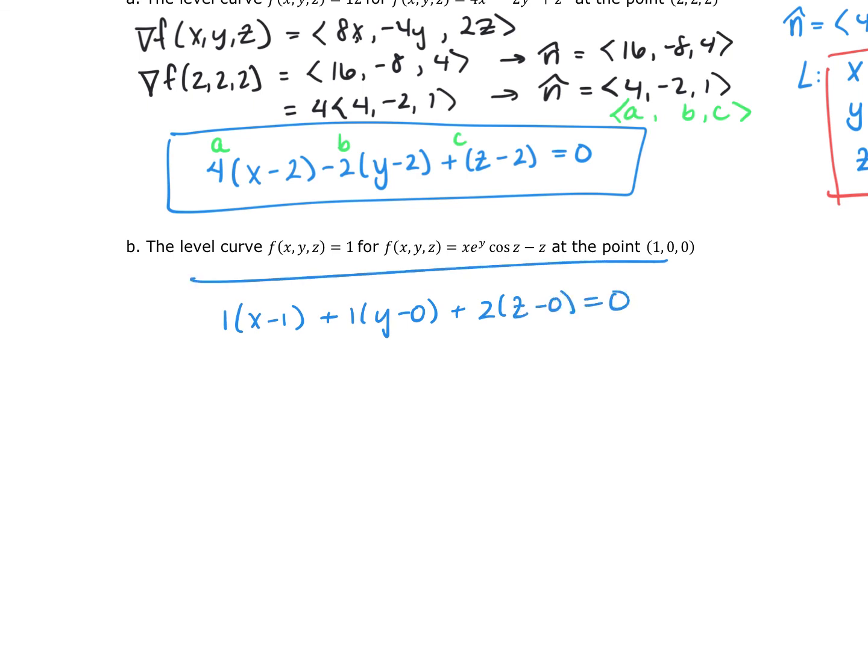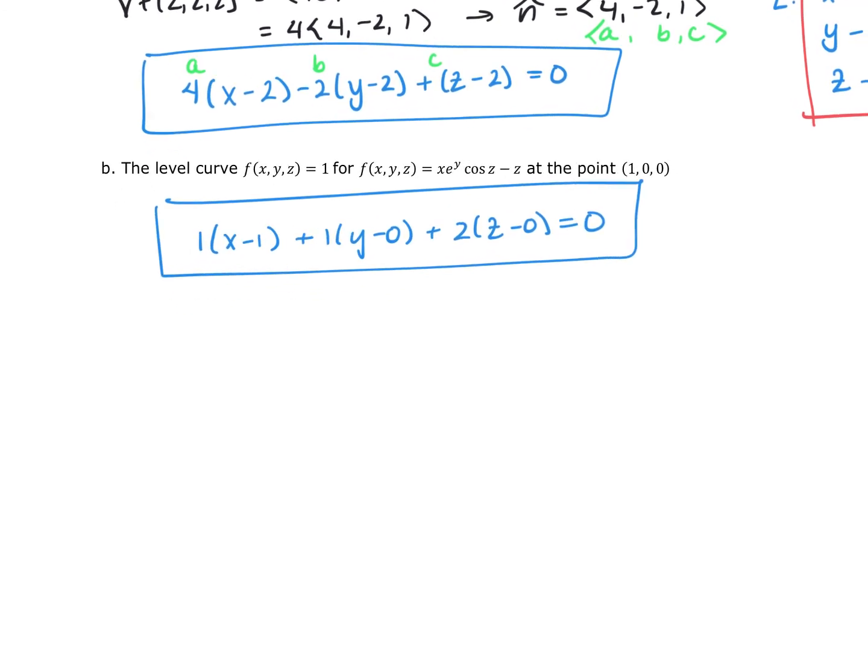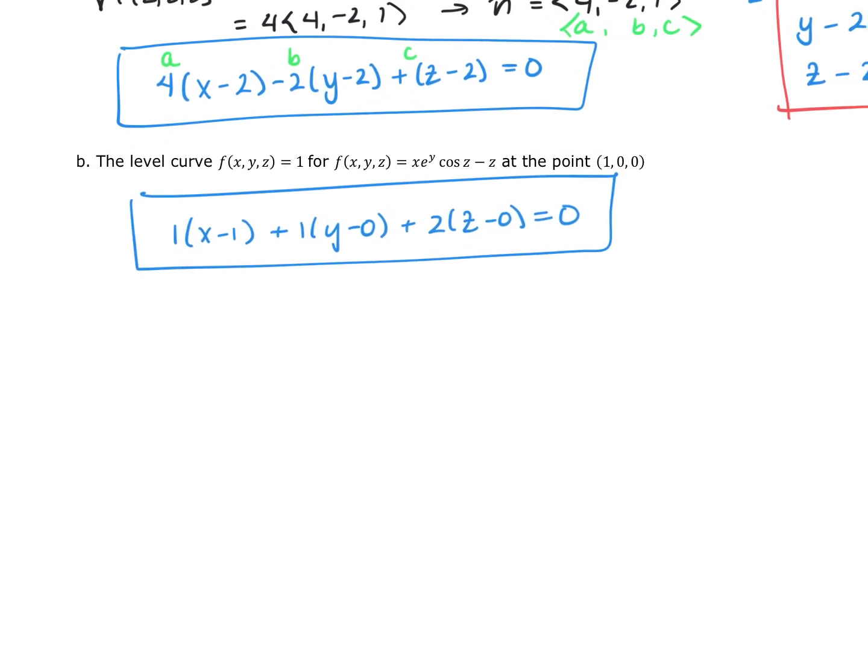So that's the equation of the tangent plane. And the equation of your normal line, this is one of the ways: x is equal to 1 plus t, y is equal to 0 plus t, z is equal to 0 minus 2t.